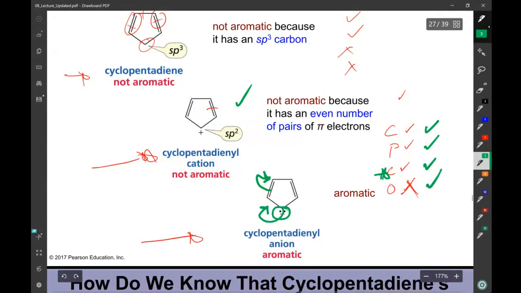Look, I can do my X, Y, and Z. Do you see that? And the star will be the positive charge. So because I can do my X, Y, and Z, that means I can also do resonance. That's why it is fully conjugated. But it failed the test because of the odd number of pi electrons. Although it can do resonance, it only has an even number of pi electrons.